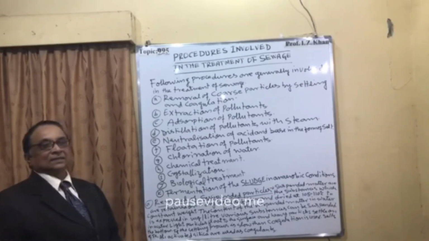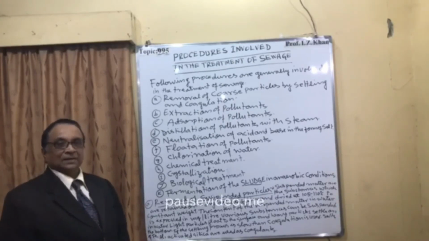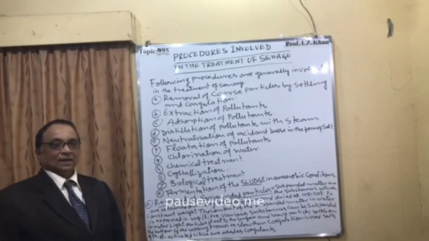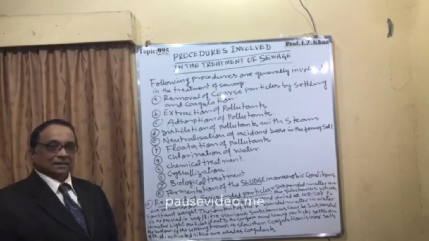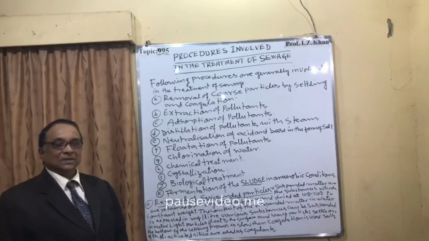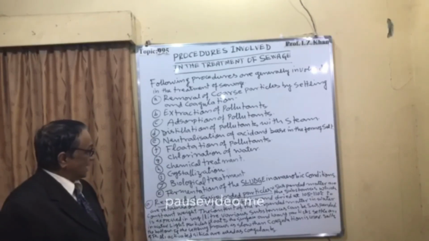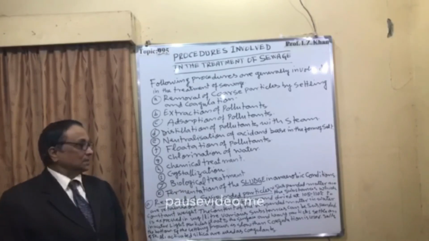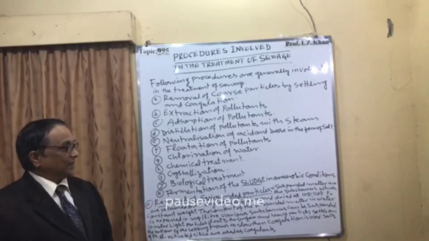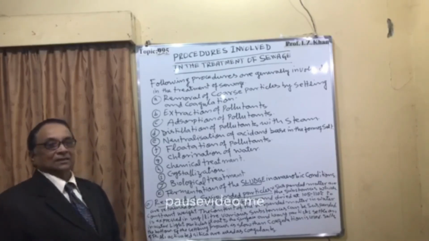Biological treatment means some selected bacteria that are responsible for clearing the sewage, and that is how it is treated. So one form is destroyed and the other form will remain. Then K is fermentation of sludge in anaerobic conditions, which is also a powerful technique. With the help of fermentation, the sewage is treated.